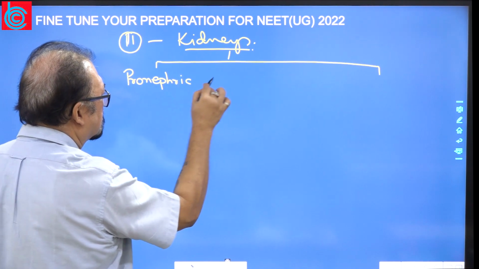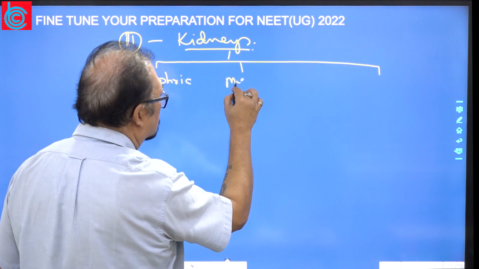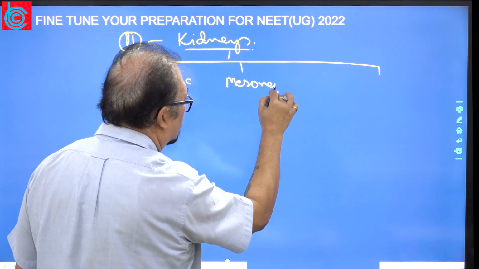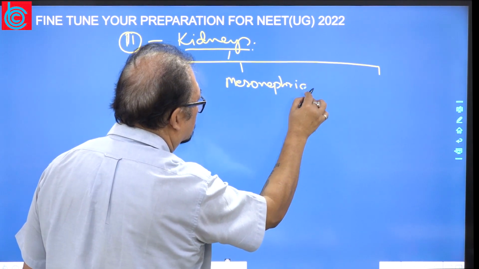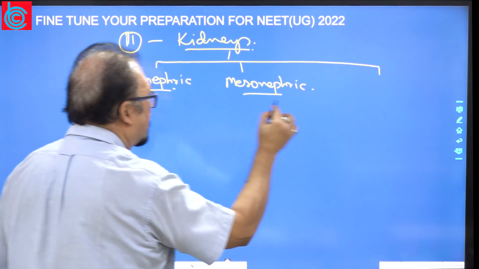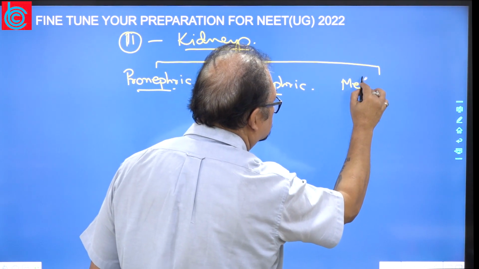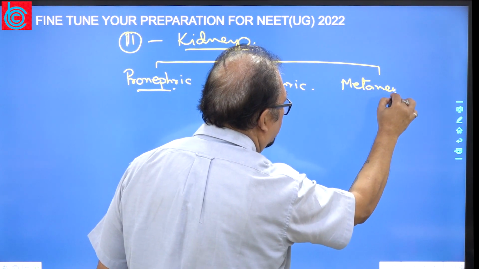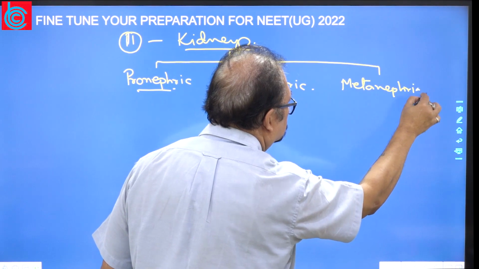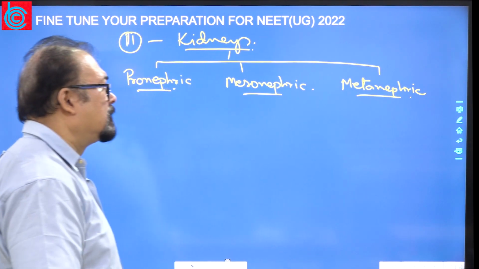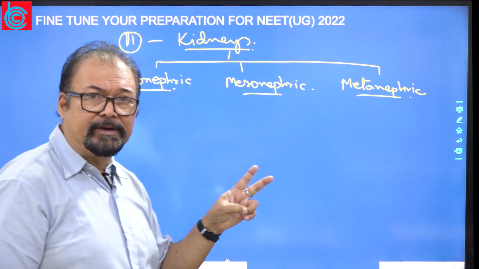Pronephric, mesonephric and metanephric. Three types of kidneys are there.